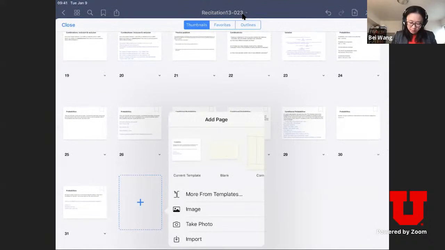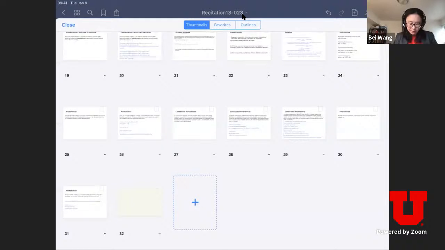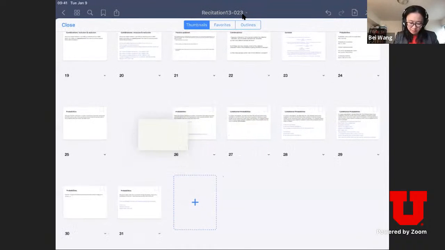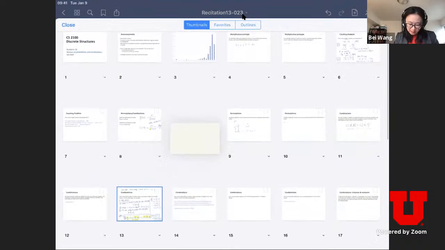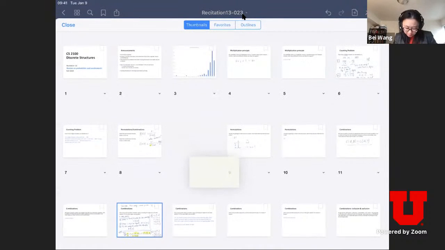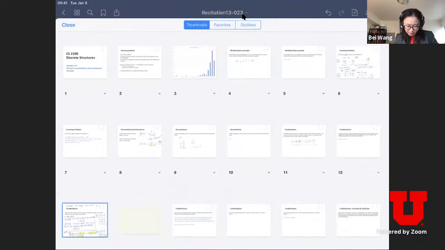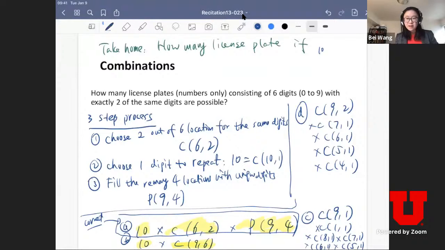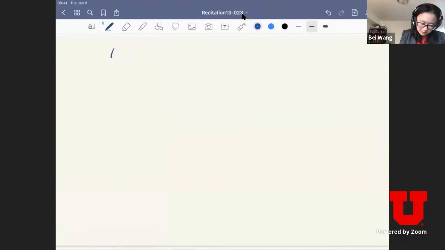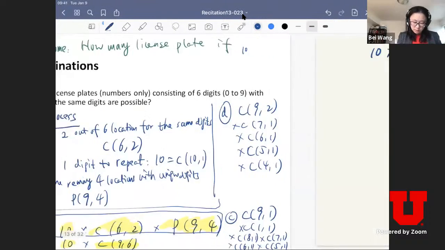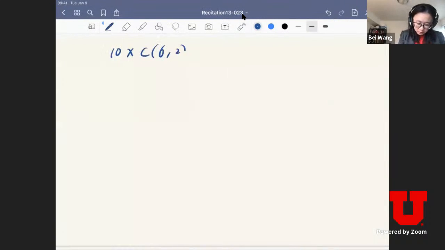Again, I want you to pay very special attention. When you solve a counting problem, it's not just about giving a formula. What I would like to see in the actual exam is the logic behind this counting. So the correct solution, as I mentioned before, is 10 times C of 6, 2 times P of 9, 4.